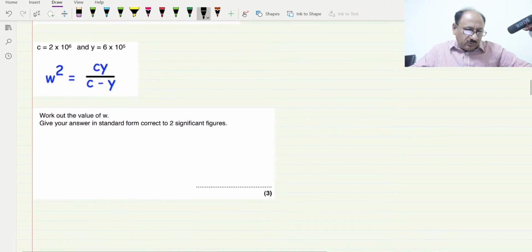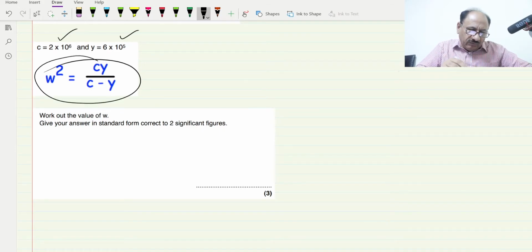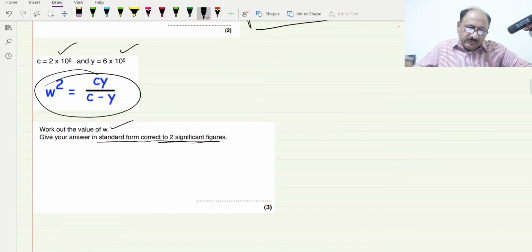So we can go through the next part, where C is provided. These values are provided in standard form and we have to calculate this. Work out the value of W. Give your answer in standard form correct to two significant figures. This is an easier question, but we have to deal with it carefully.